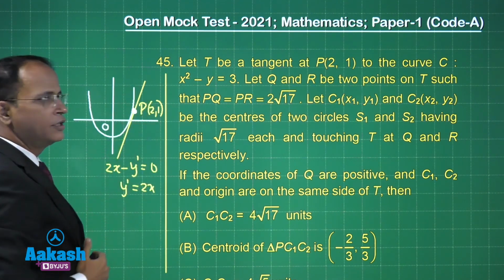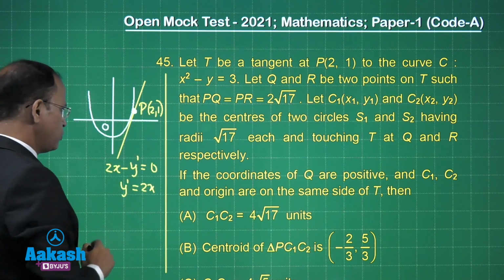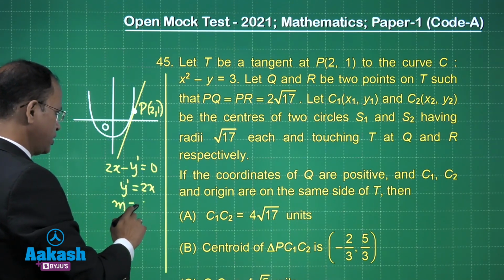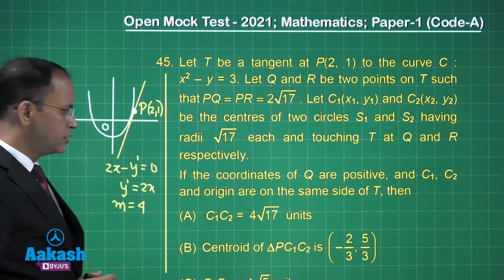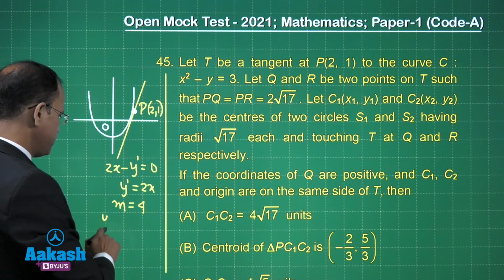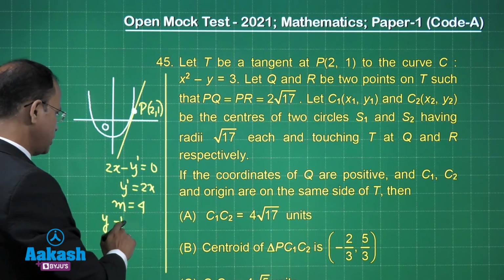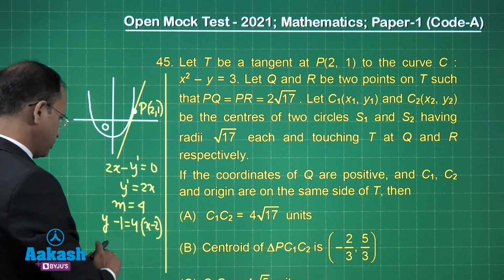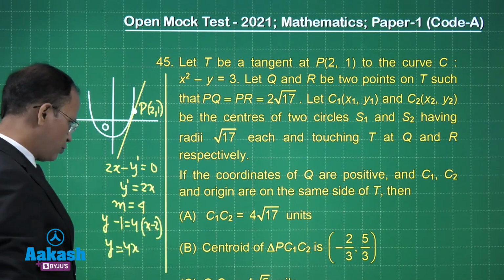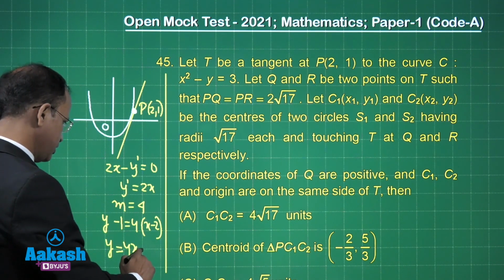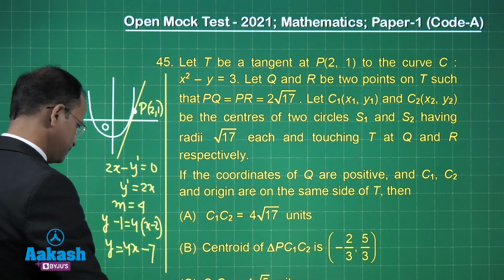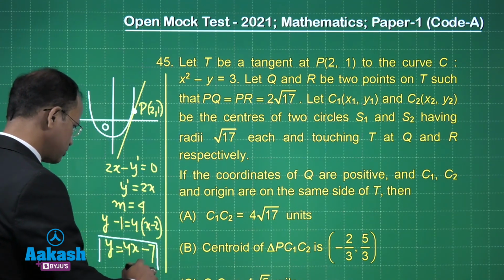The slope of the tangent at P (2, 1) is going to be 4. The point is known, so we have y minus 1 is equal to 4 times x minus 2. So y is equal to 4x minus 8 plus 1, which is minus 7. So y is equal to 4x minus 7.